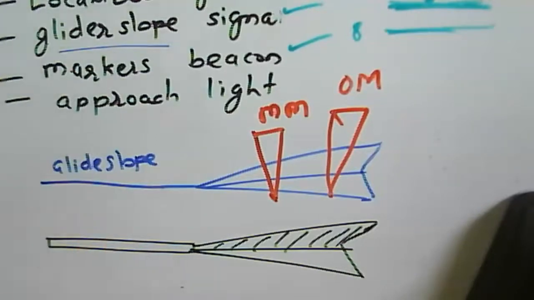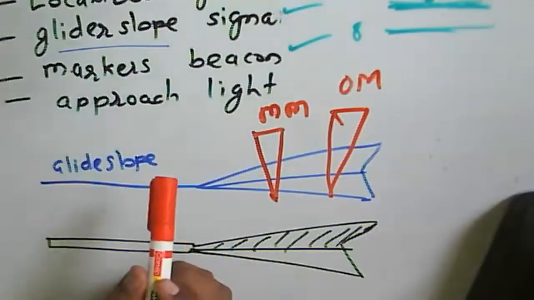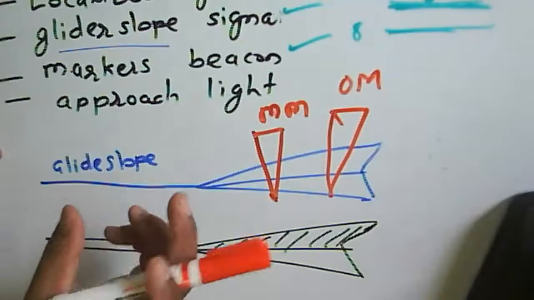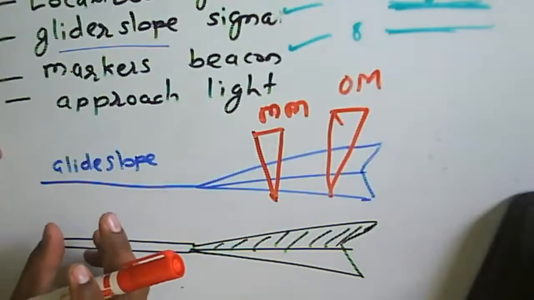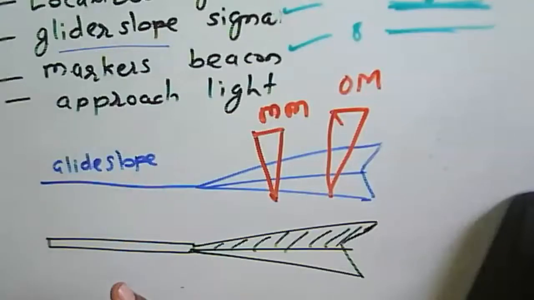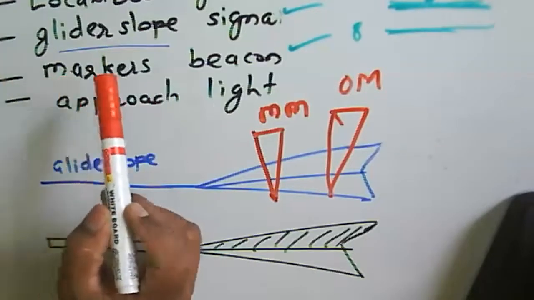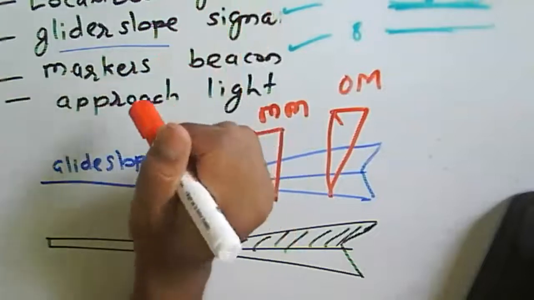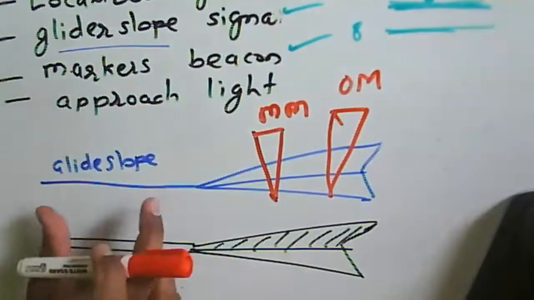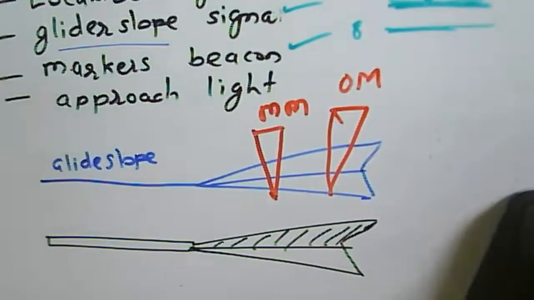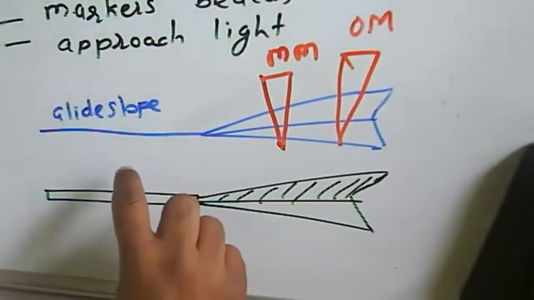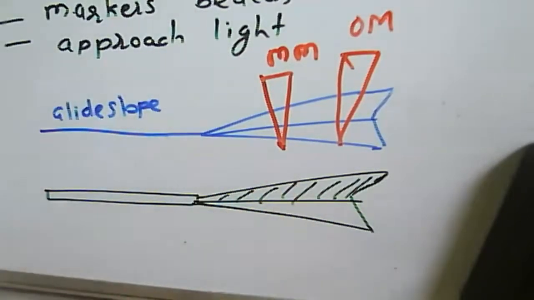So in general, we have an ILS landing system that is useful to land the aircraft even in any weather condition. The components of ILS we mostly use are the localizer, then the glide slope, and then the information from the marker beacon.